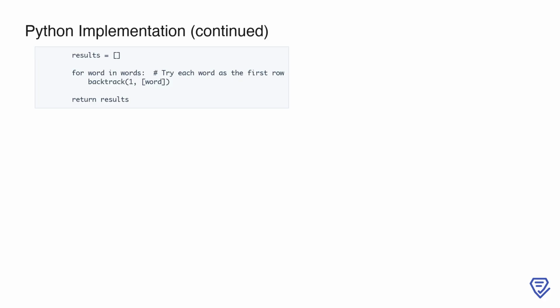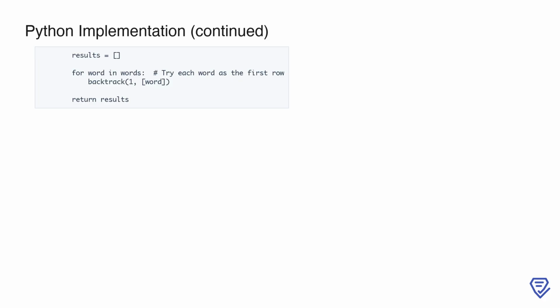We call the backtracking function with the first step set to 1 and the initial square containing just the current word. The backtracking function will then recursively build all valid word squares starting with this word. Once all possibilities are explored, the results list will contain all the word squares that can be formed from the given words. Finally, we return the results list as the output of the method.